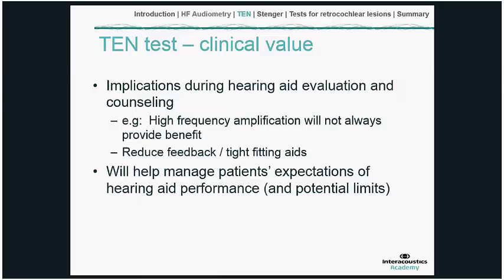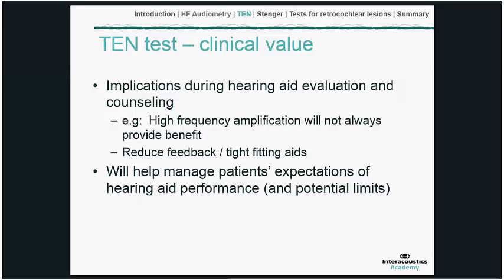But if that amplification isn't going to provide any benefit anyway, then it makes sense to reduce it, which reduces the risk of feedback from the hearing aid, as well as the discomfort from a tight-fitting earpiece.